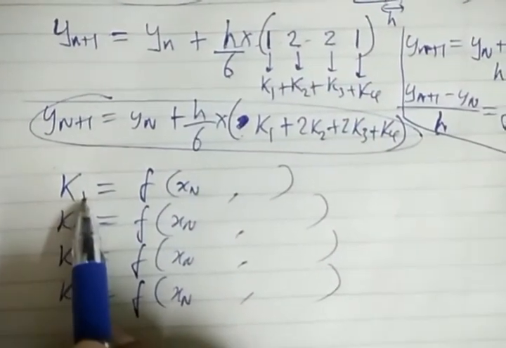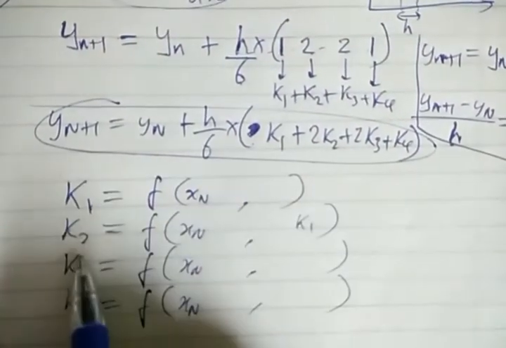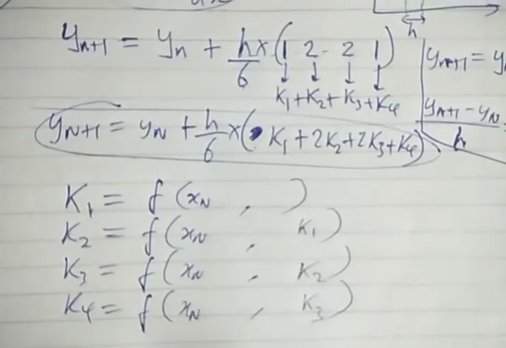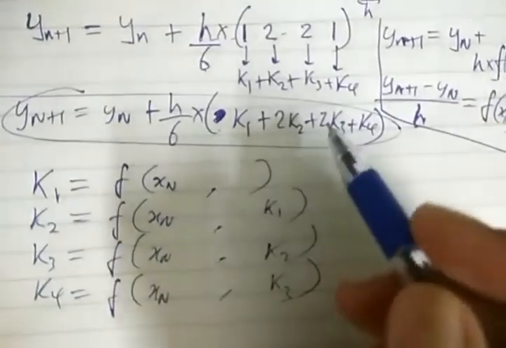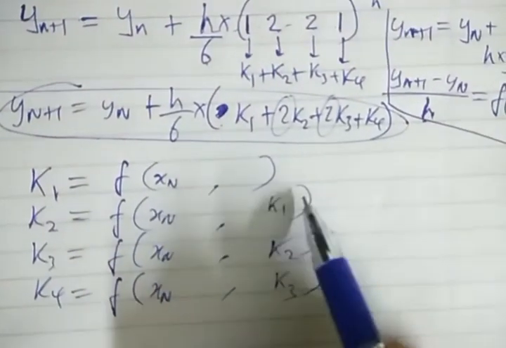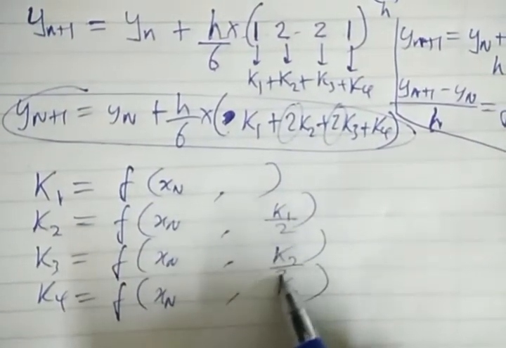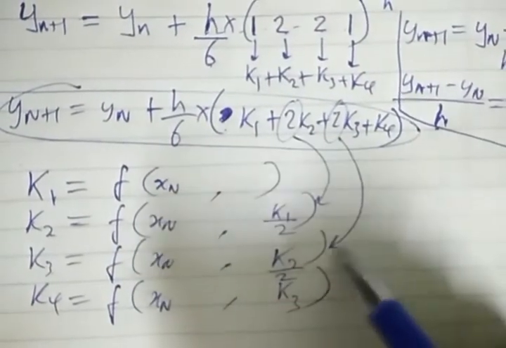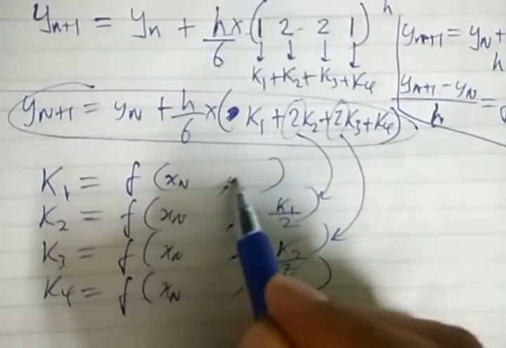Here it is k1, so here also k1, then k2, here also k2, then k3, here also k3. Since we multiplied these with 2, divide them by 2, and y n should also be there.